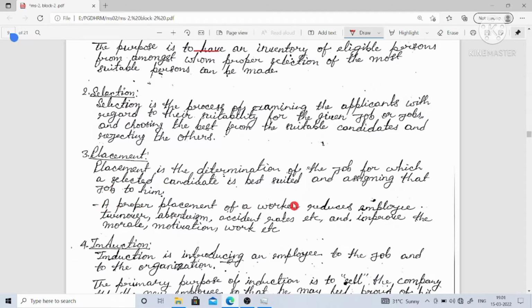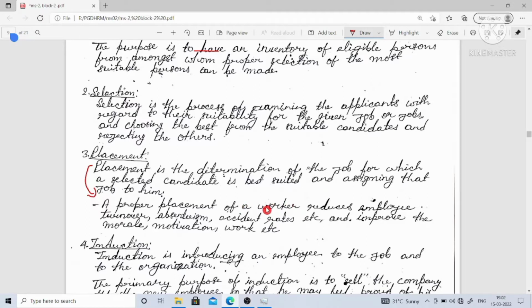A proper placement of a worker reduces employee turnover. So here it is given why this placement is very important. A proper placement of a worker reduces employee turnover. Fewer people are going to quit the job if they like their jobs, and there will be less absenteeism and lower accident rates, because if they are motivated to the job, then they will be more careful about their job.